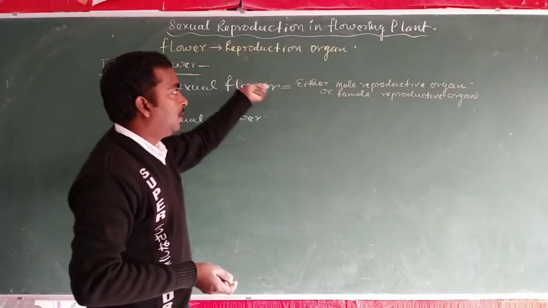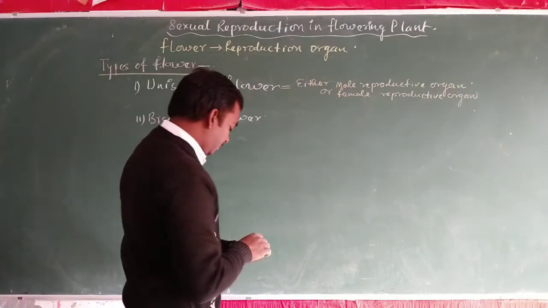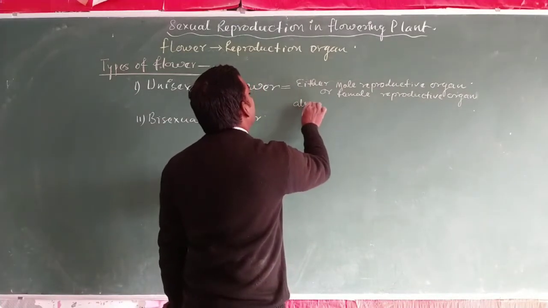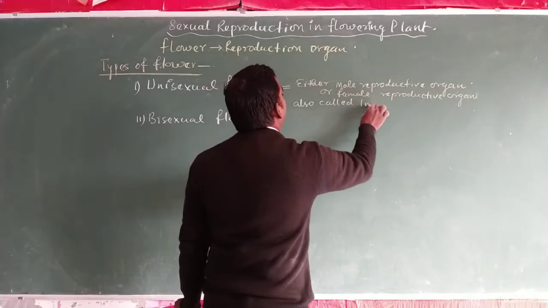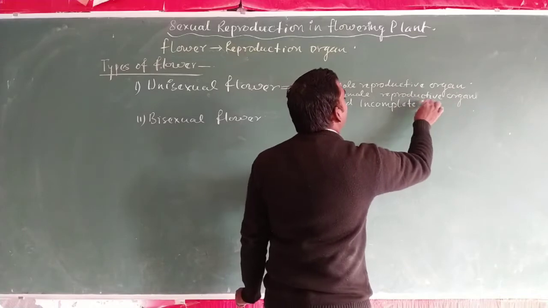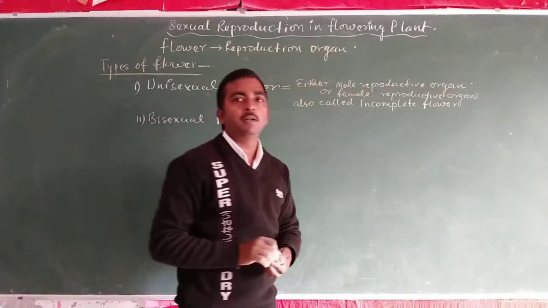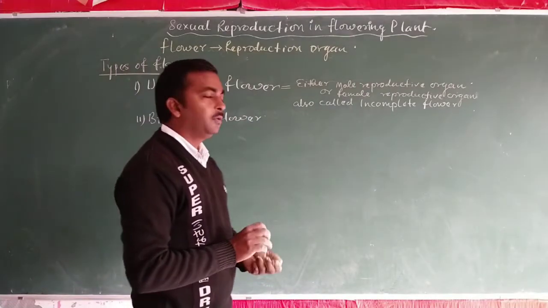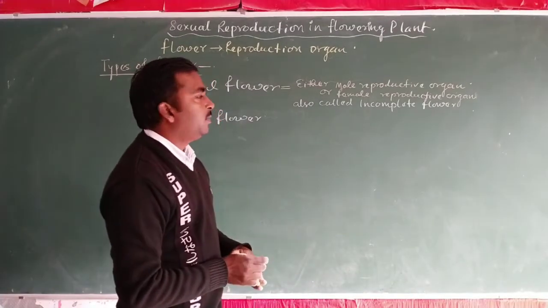It means they have either male reproductive organ or female reproductive organ, and this kind of flower is also called incomplete flower, due to the absence of one of the reproductive organs.